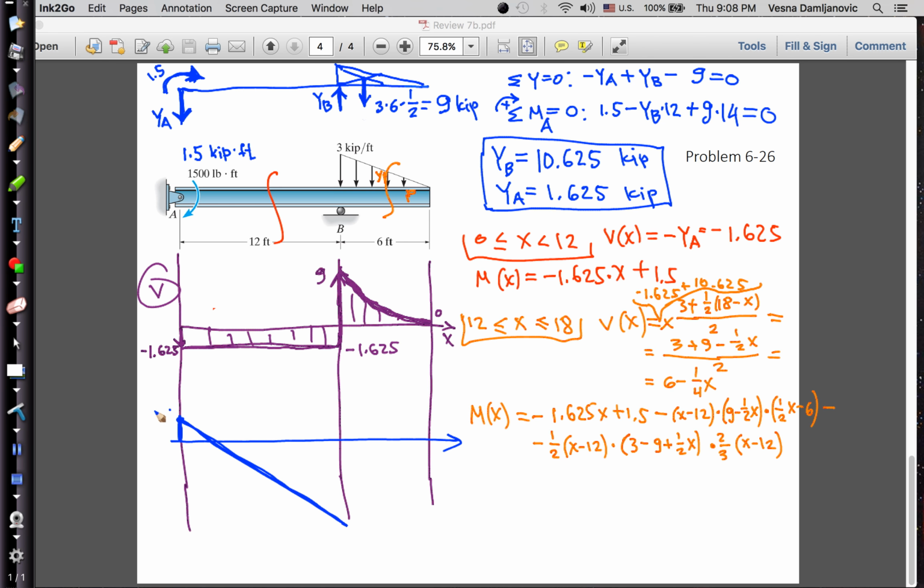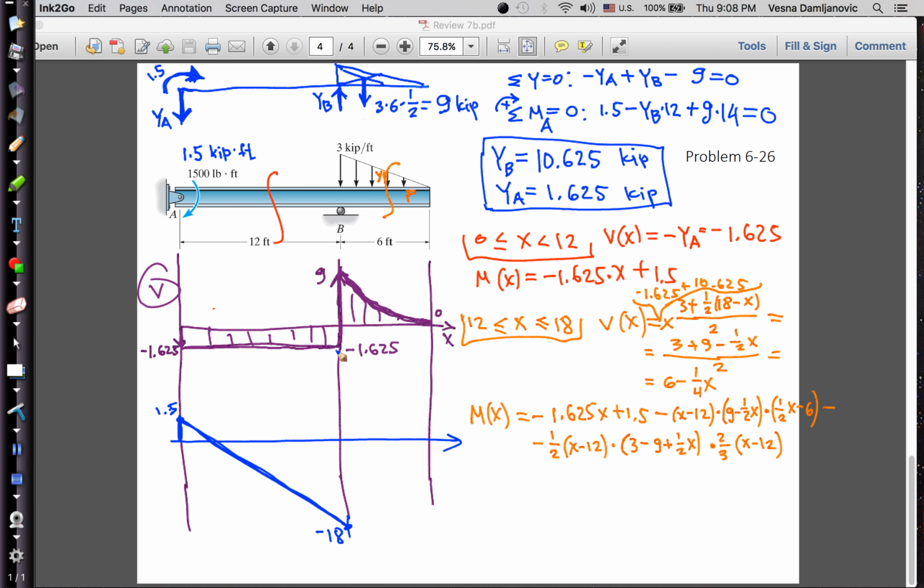Okay, so this is 1.5, and it goes down to how much when you substitute? The end of the first span is 12. So when you plug 12 here, you add this up: minus 1.625 times 12 plus 1.5 equals minus 18. So that's that point.